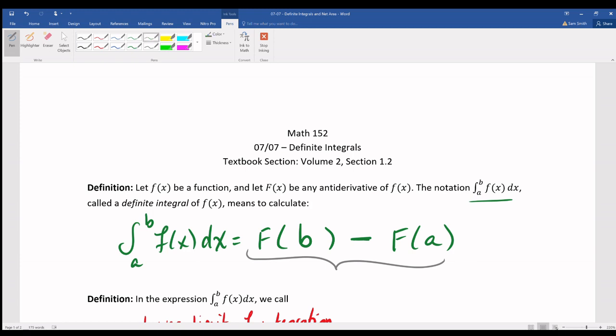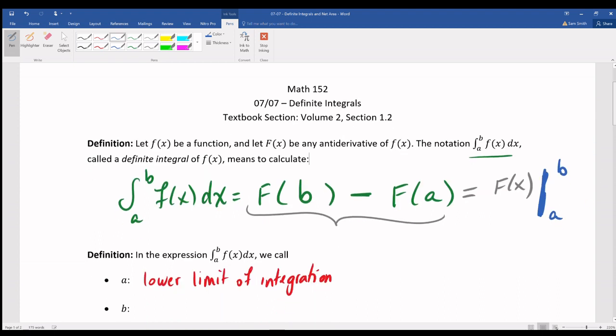Instead of jumping straight to antiderivative at b minus antiderivative at a, you will often see this notation used to express that difference: capital F of x, and then a large, straight, vertical bar, with a at the bottom of the bar and b at the top of the bar. This is shorthand for I'm about to plug in b, plug in a, and then take the difference. Let's use that notation here in our second example.